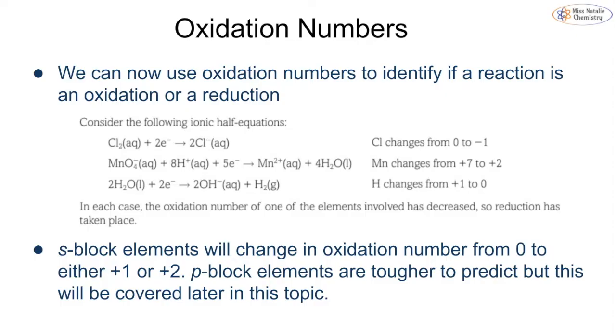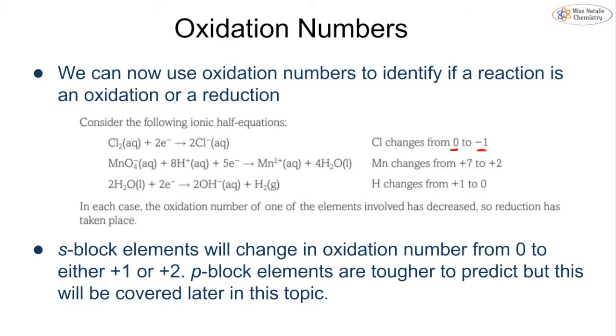So now we can use oxidation numbers to identify if a reaction is an oxidation or a reduction. If we look at these half equations, we can see that we've got chlorine gas plus 2 electrons to give us 2 chloride ions. So the oxidation number here is changing from 0 to -1.